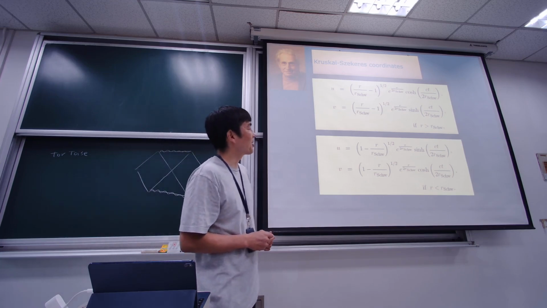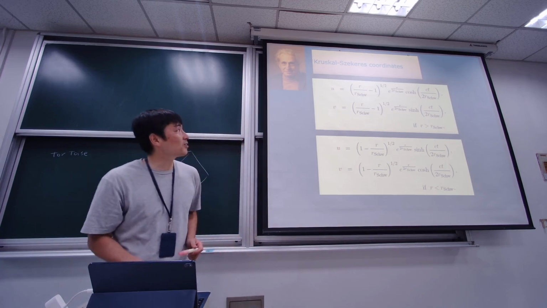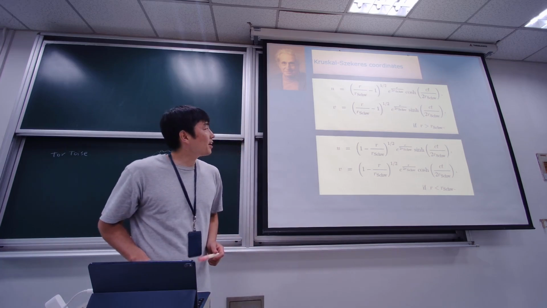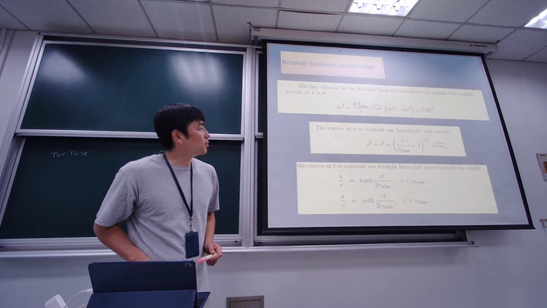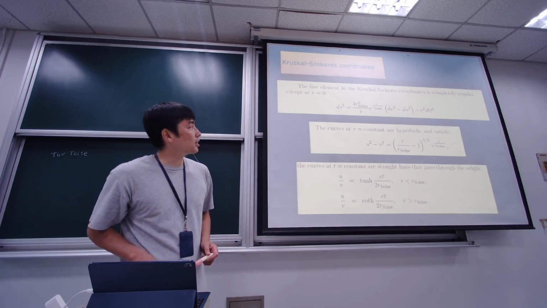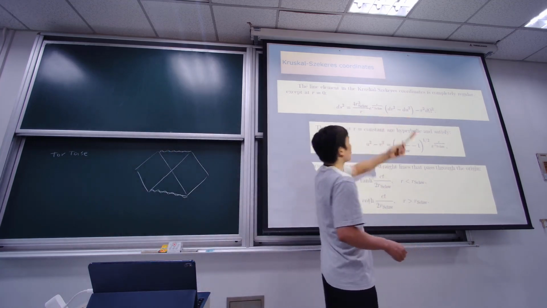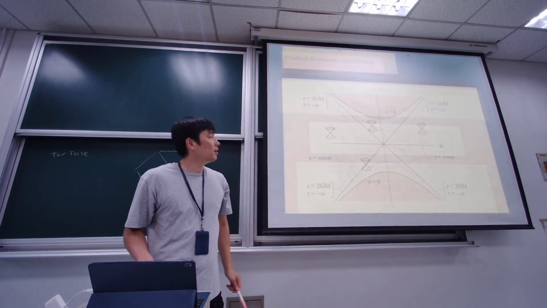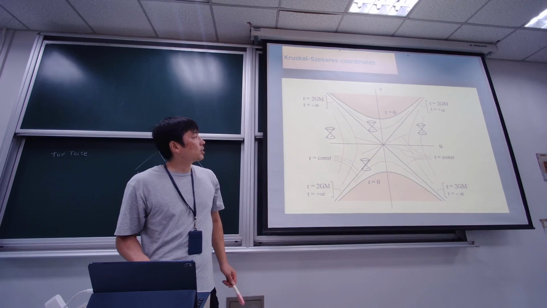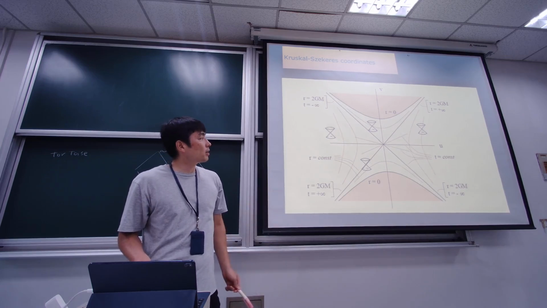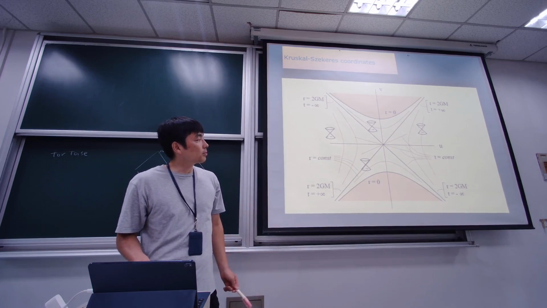Sorry, I don't know how to pronounce his name. If you use this one, you can see that the space-time becomes flat up to some conformal factor, and so on. If you use this coordinate, the structure becomes what we already saw.